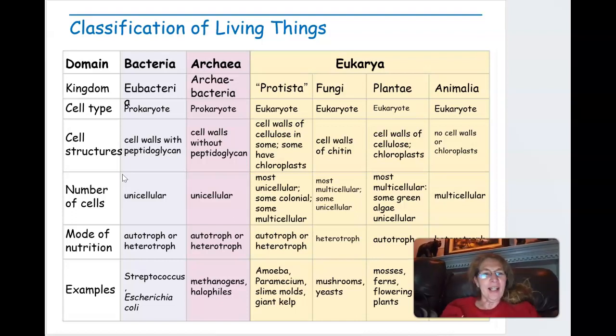This is a nice little table that puts things into rows and columns, and we will talk about examples of each one. So don't worry about copying down this table. We're going to start by talking about the bacteria domain.